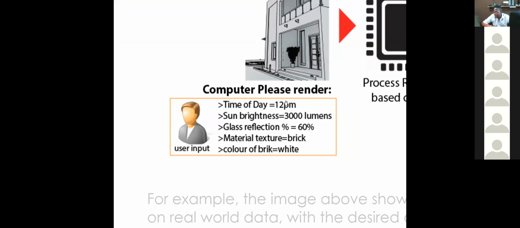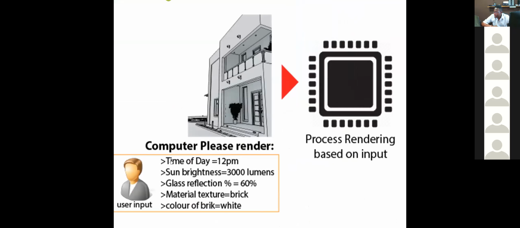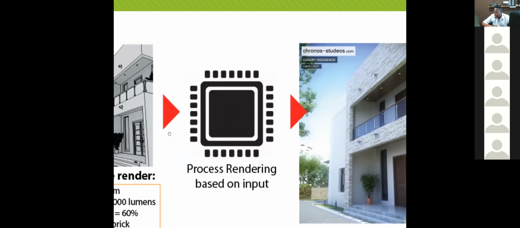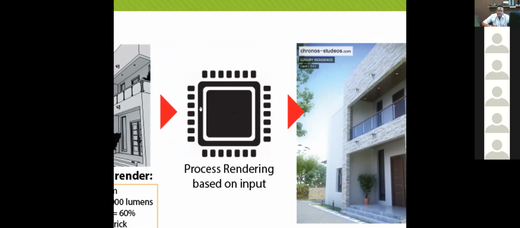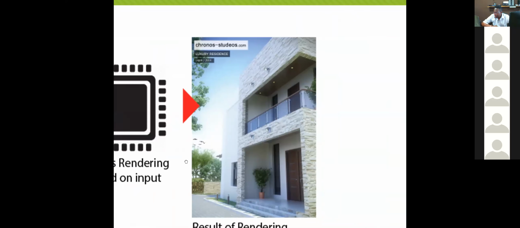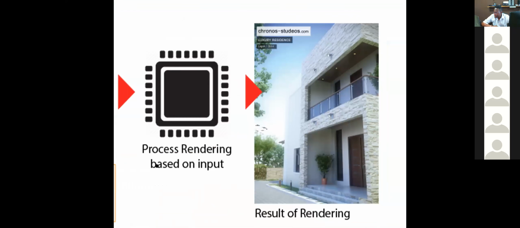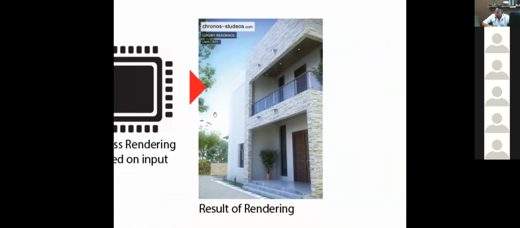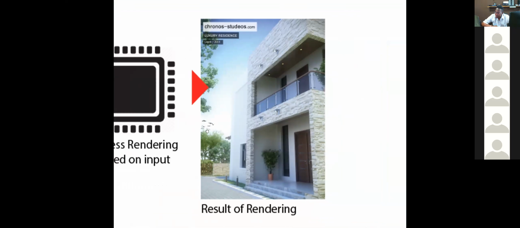So we put in the time of day, the sun brightness, the reflection amount, the material type, the color of the material and that kind of thing. And then there is a computer that processes everything, and then like magic, with those metrics, we should get an end result like this, right?